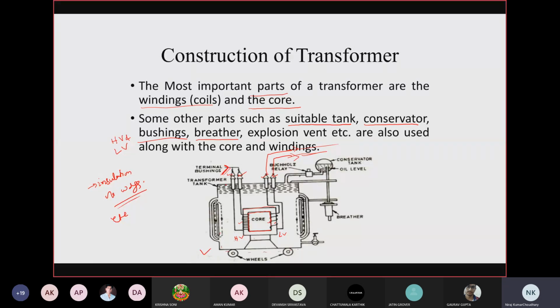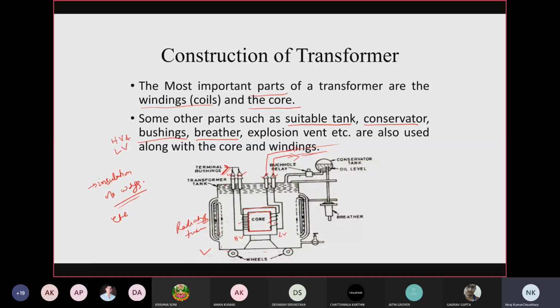These are your radiating tubes, through which in some cases the oil is also allowed to flow, and the purpose of these radiating tubes is to radiate the heat outside the transformer tank. This is basically provided for cooling, so that the heat generated inside the transformer is transferred to the external atmosphere.